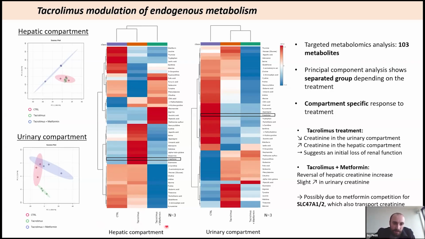And by adding metformin at the hepatic compartment, we have a decrease in creatinine concentration. That's for the hepatic compartment. And for the urinary compartment, we have only a slight increase. And this slight increase could be due to the competition between metformin and creatinine for SLC47A1 and 2, which are drug transporters.